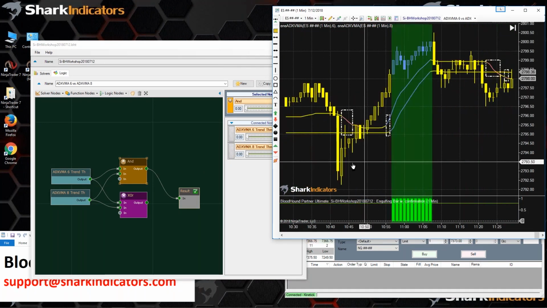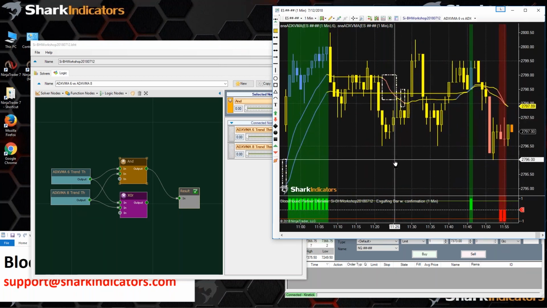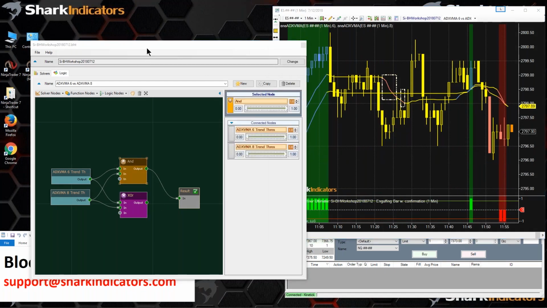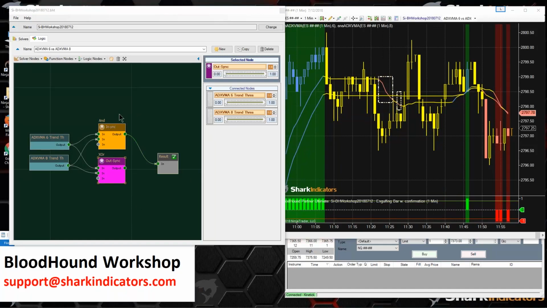And let's see if we can find a downtrend in sync as well. There we go. There's both on the chart there. All right, so let's name these here. This is in sync, and this XOR is out of sync. There you go, there's both. All right, so Boolean logic makes that pretty easy.